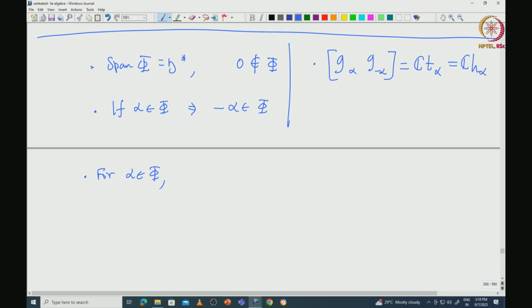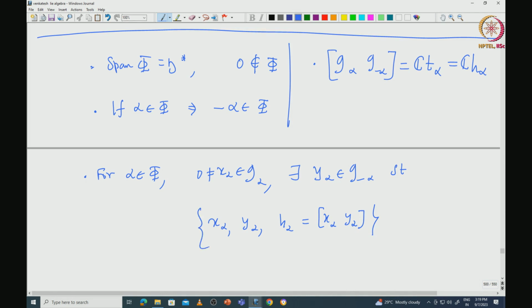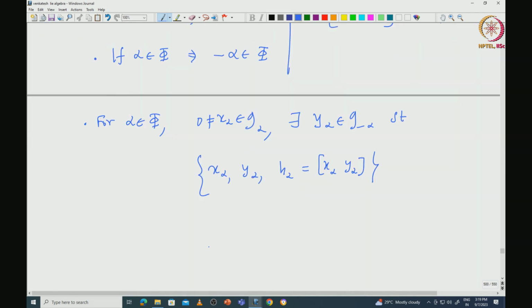We constructed, for any given non-zero x alpha inside g alpha, a y alpha inside g minus alpha such that x alpha, y alpha and h alpha, which is defined to be the bracket of x alpha, y alpha, form an SL2 triple.